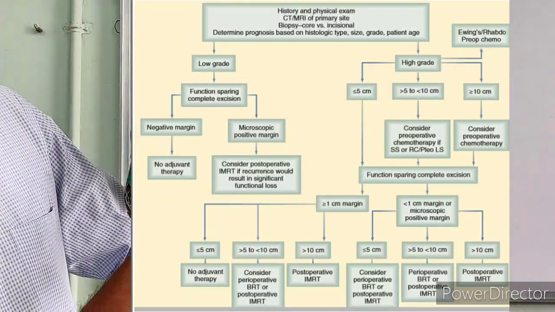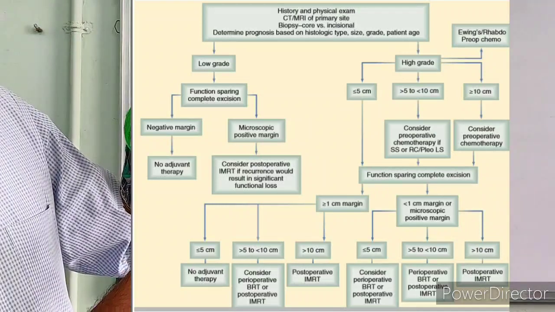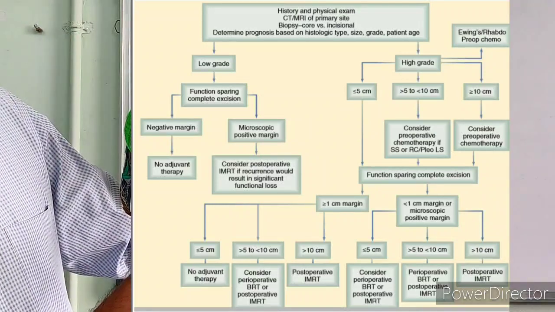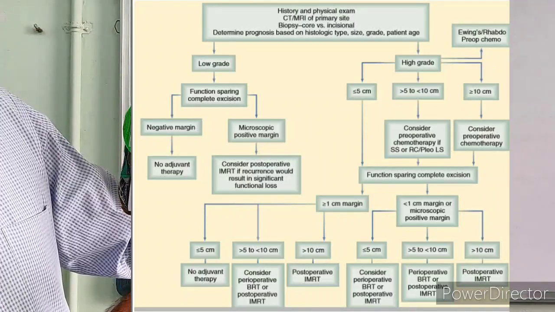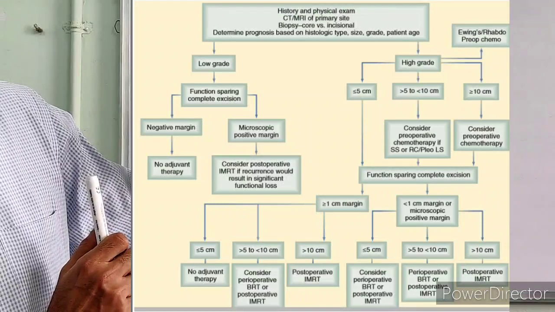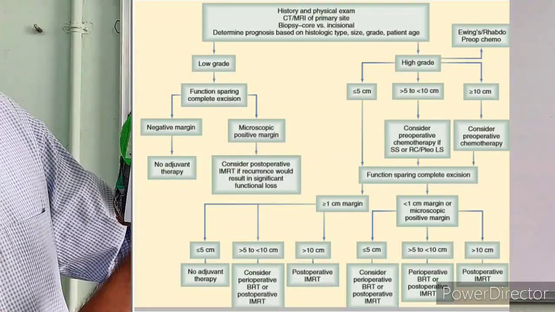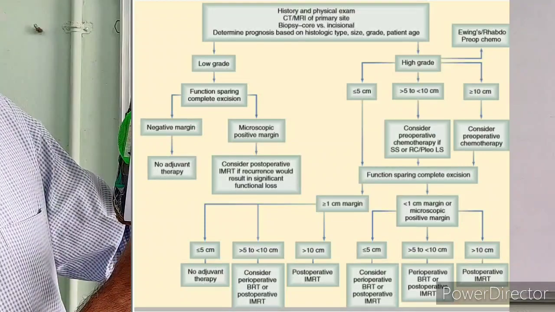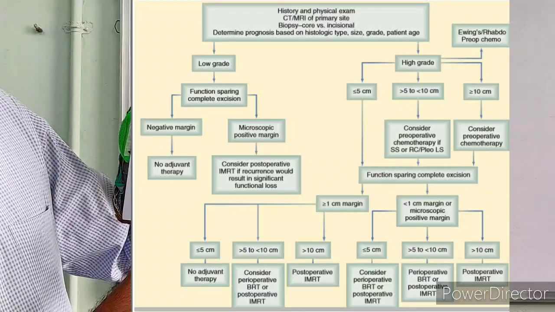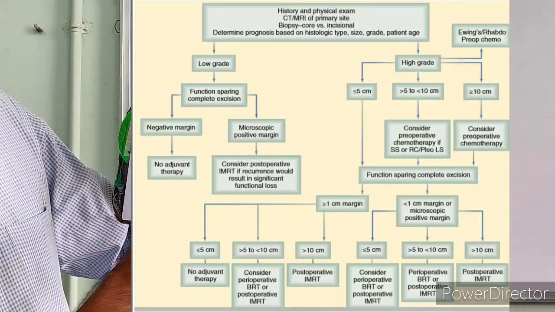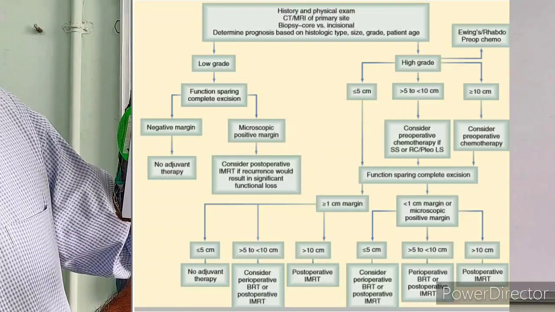In all other situations, more than 5 centimeter, you consider preoperative chemotherapy, more than 10 centimeter also preoperative chemotherapy, and then go for surgery, and then consider post-operative radiation therapy. This is how you should understand it. Any tumor more than 5 centimeter: consider preoperative chemotherapy, followed by surgery, followed by radiation therapy.